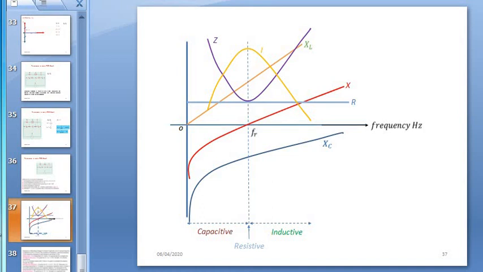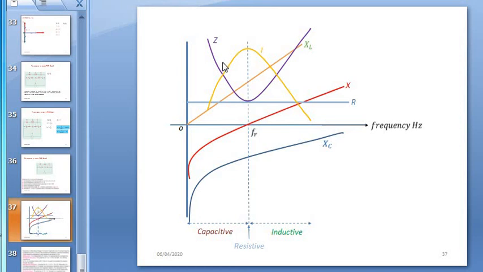Suppose an alternating voltage of constant magnitude but varying frequency is applied to an RLC circuit. The variation of resistance, inductive and capacitive reactance along with the frequency can be shown by this graph.